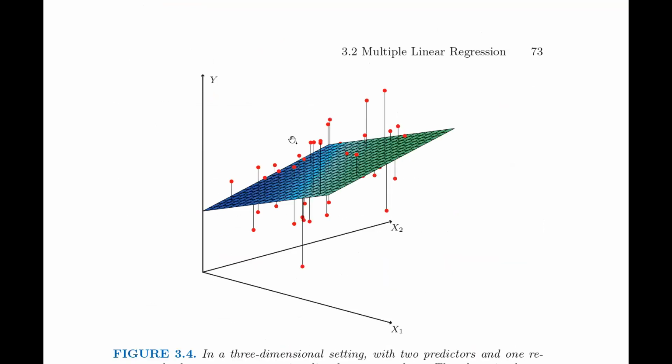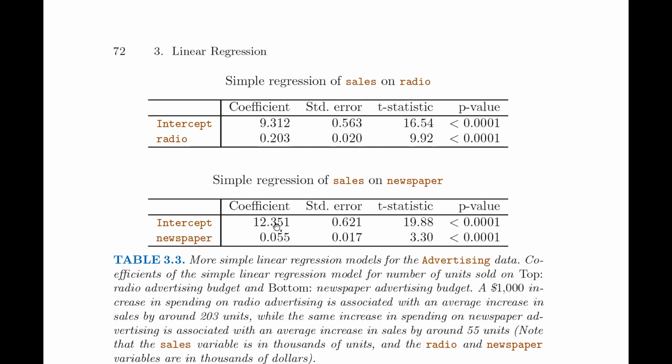Because in actual fact, although in simple linear regression, when we were only looking at the impact of newspaper advertising on sales, we had a statistically significant 0.055 slope parameter, beta 1 hat.